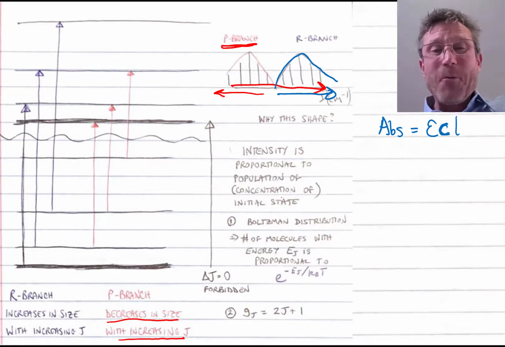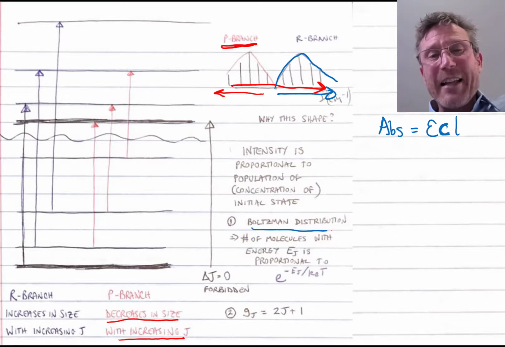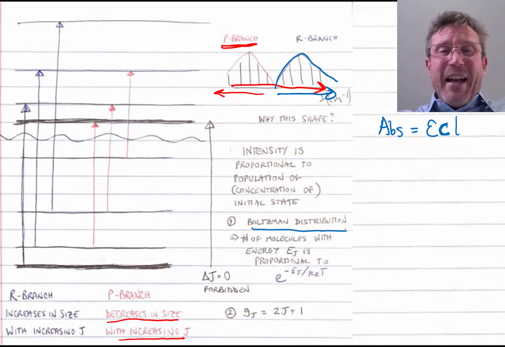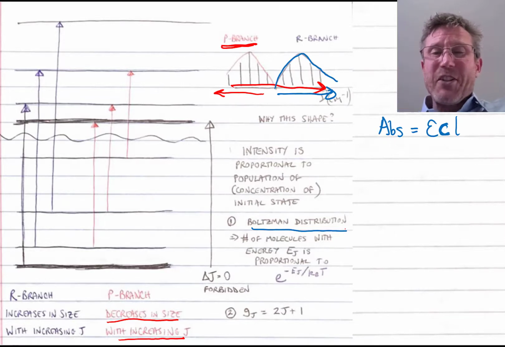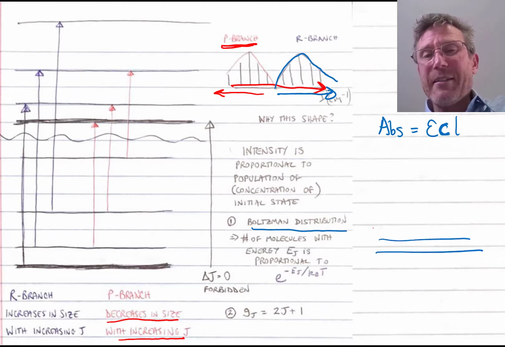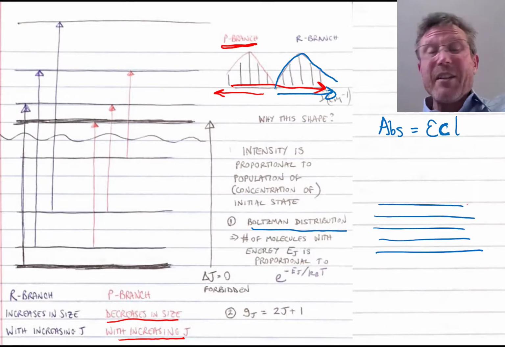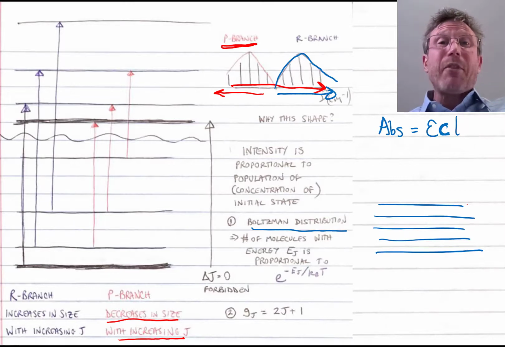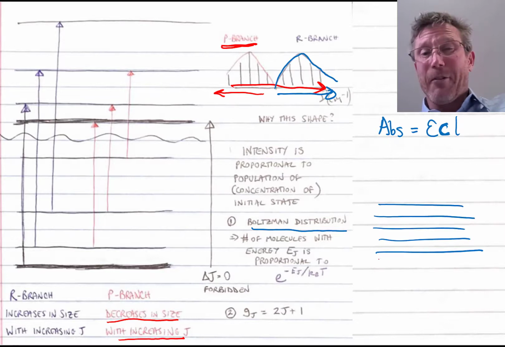Two things. One, we're going to come across this later perhaps, but it's called the Boltzmann distribution. Basically the Boltzmann distribution says that if we have any system, we've got a whole bunch of different molecules in that system. What the Boltzmann distribution says is that the number of molecules tends towards a higher population in the ground state.